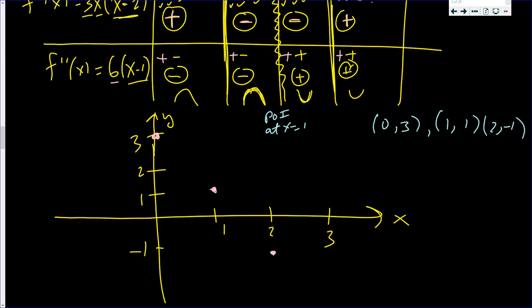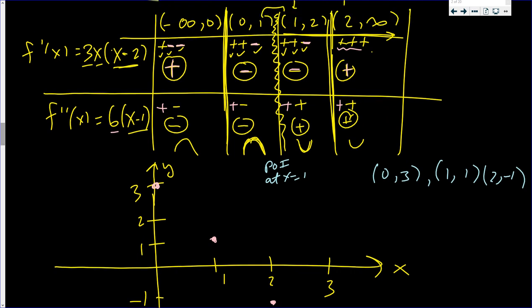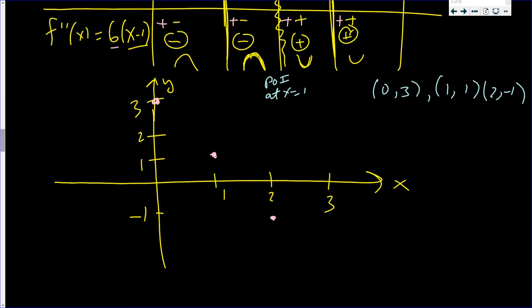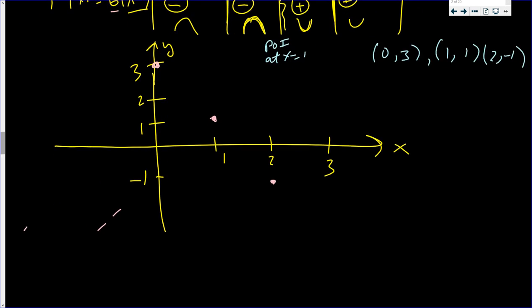Now, what happens? Between negative infinity and 0, the slope is increasing. So, I come up like this. Well, let's get rid of this nonsense. Now, what happens after x is 0?